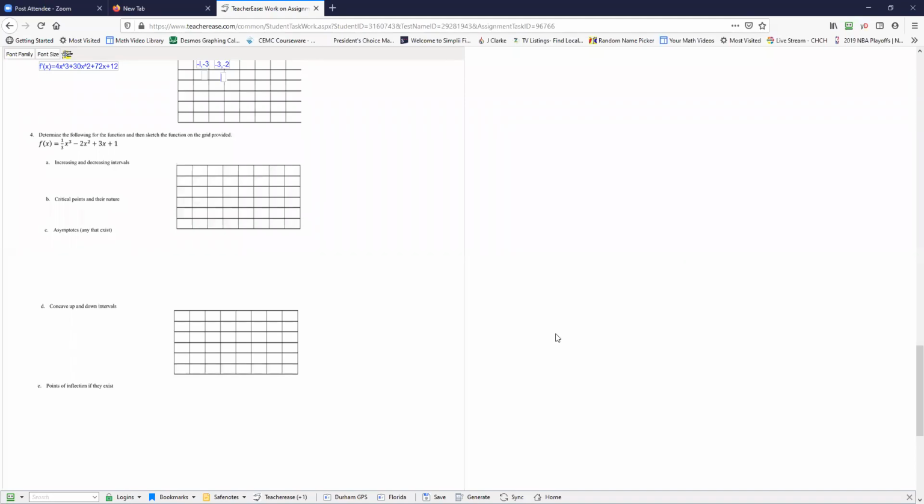Where am I? Critical points. Okay, so we just talked about critical points and their nature. Asymptotes really would only occur when you have rational functions, as a general rule. So when you see a polynomial, you can safely assume that you're not going to have any asymptotes there. Am I going to put one that has asymptotes on the test?